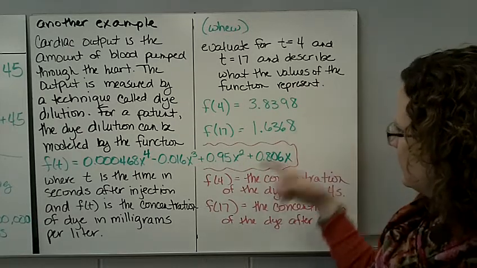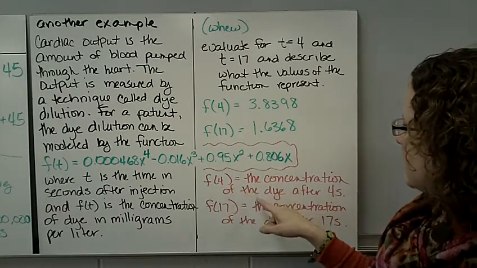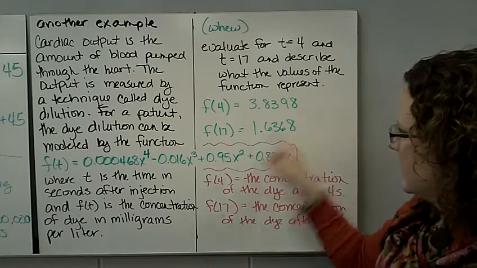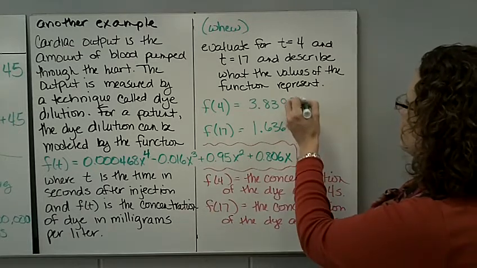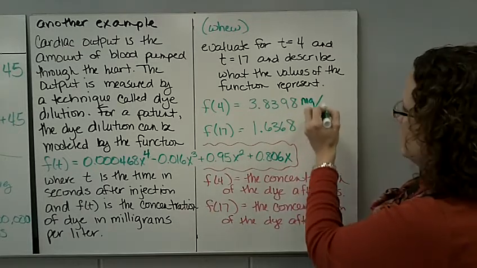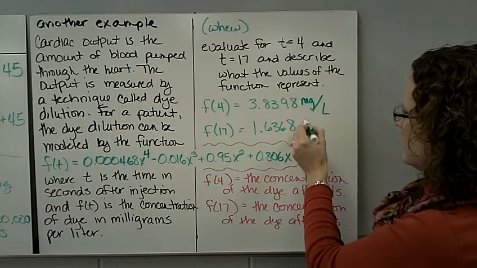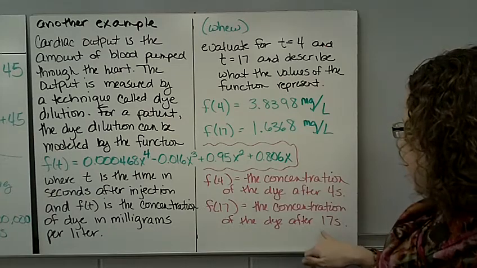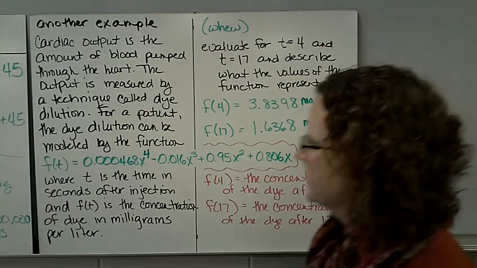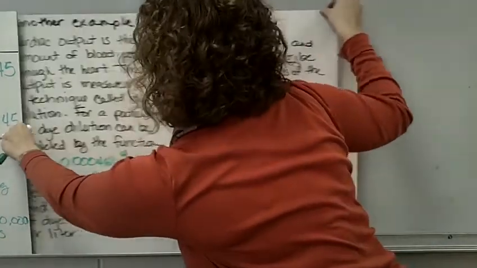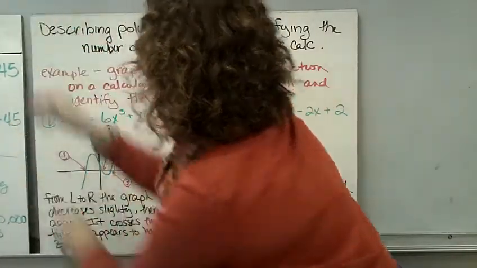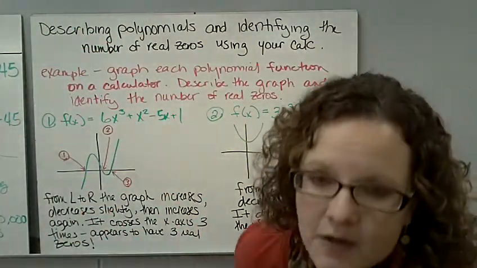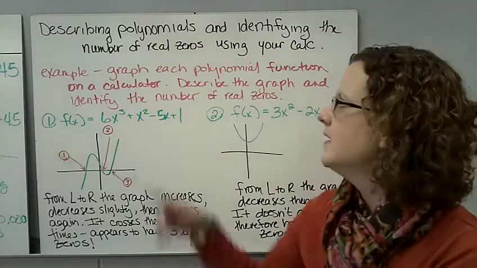And what does that mean? f of 4 is the concentration of the dye after 4 seconds, and it's in milligrams per liter. f of 17 is the concentration of the dye after 17 seconds. Alright, so those are our 2 word problem examples.